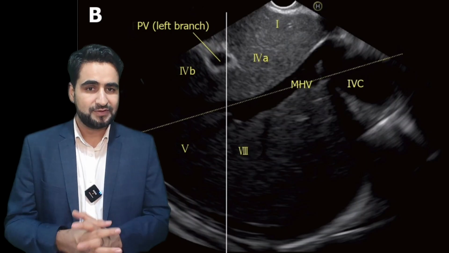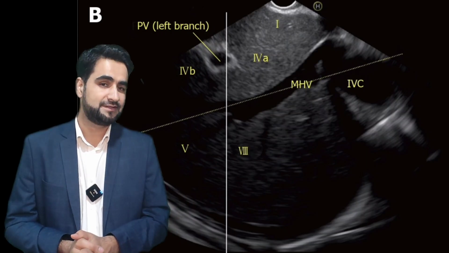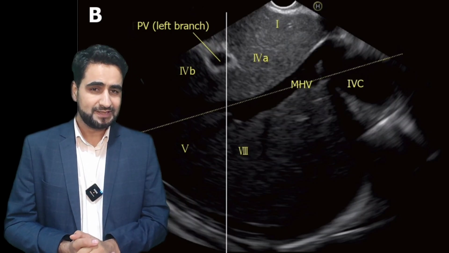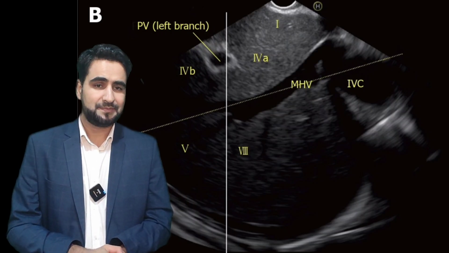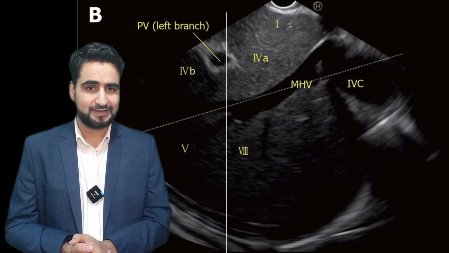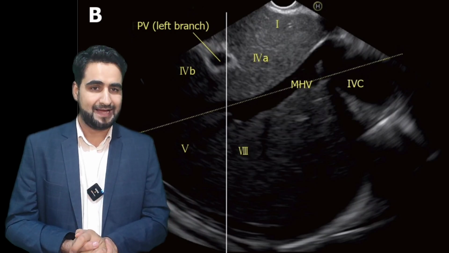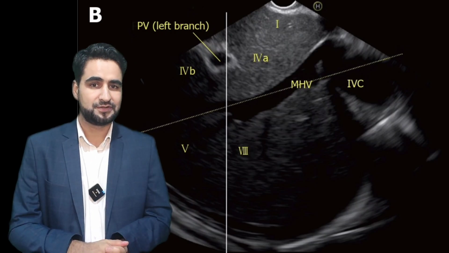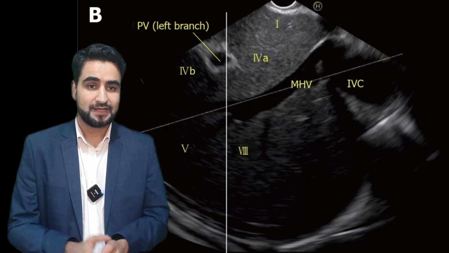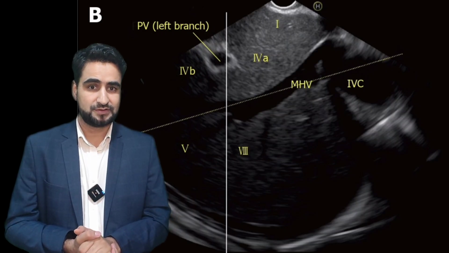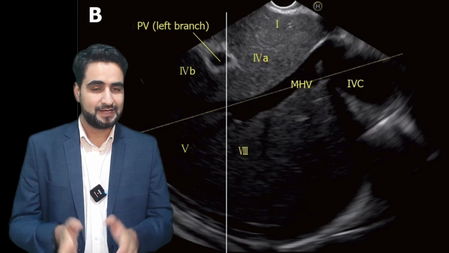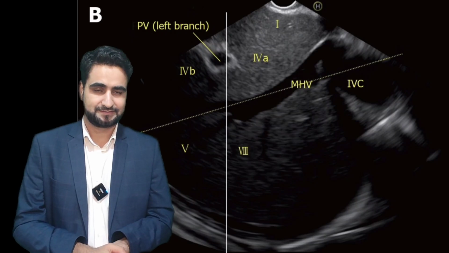Segments 5 and 8 form the right anterior sector. A vertical line through the middle hepatic vein and a horizontal line along the portal vein together create a mental map that divides the liver into functional segments. This is particularly useful during segmental resections and targeted interventions.